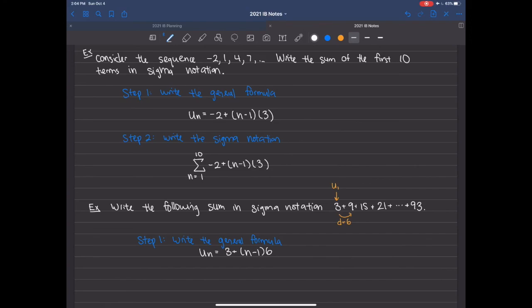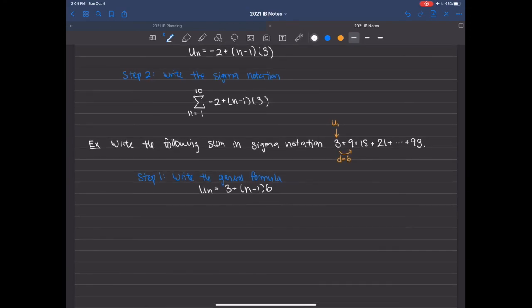All right, step 2 says write in sigma notation. So draw your sigma. Our variable n is going to start at 1 because we always start summing from the first term.